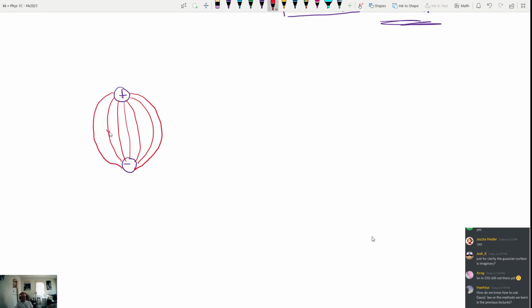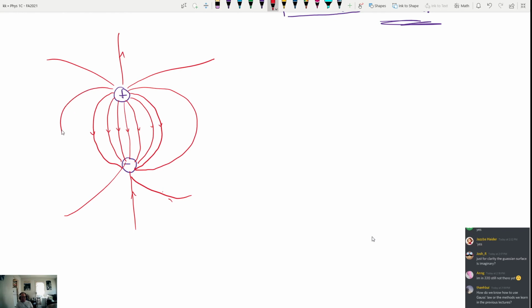The electric field of the dipole looks something like this. Okay, something like this. I know this isn't a great picture, but just do my best.